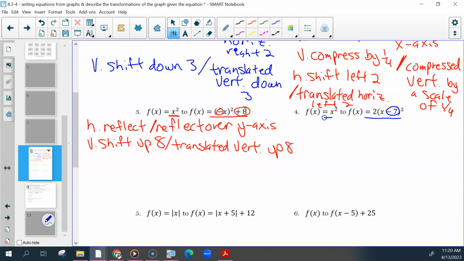Is there anything on the outside of the parentheses? The 2. So we're going to have 2 transformations. One on the outside, one on the inside. Think about what that means. For the 2, what type of transformation might that be?